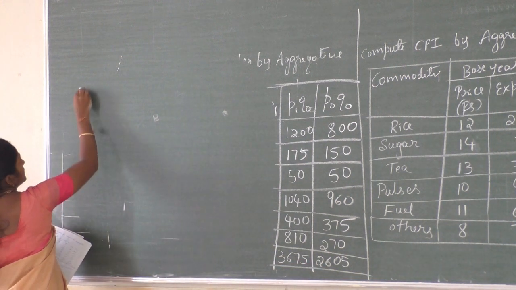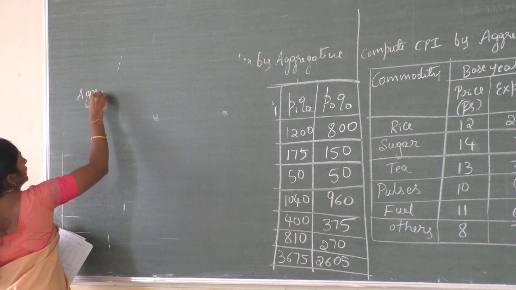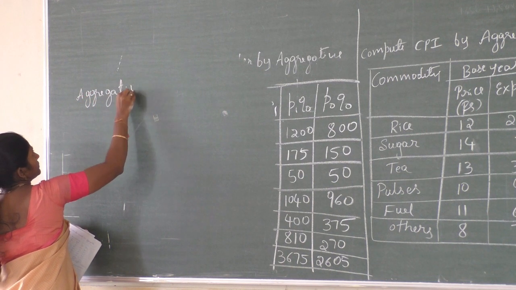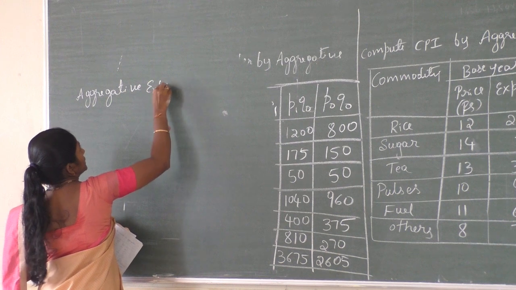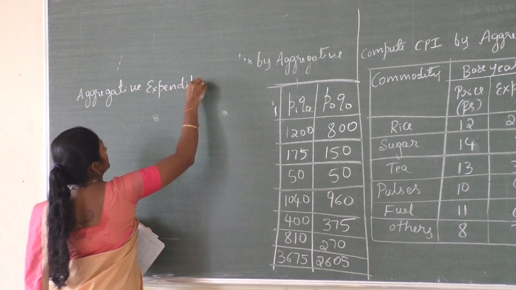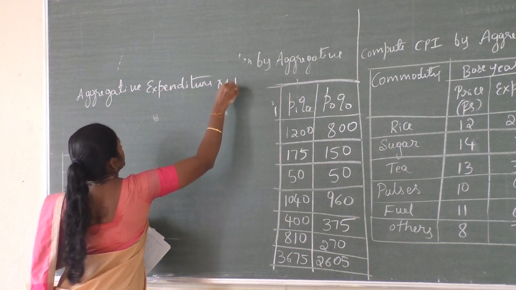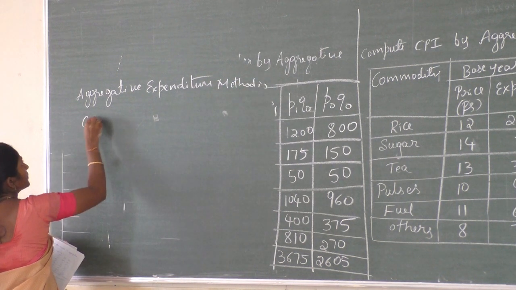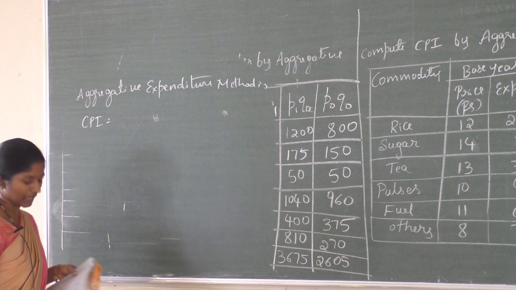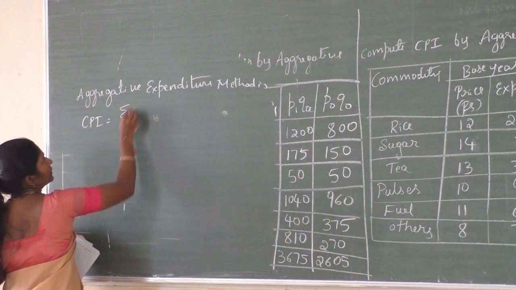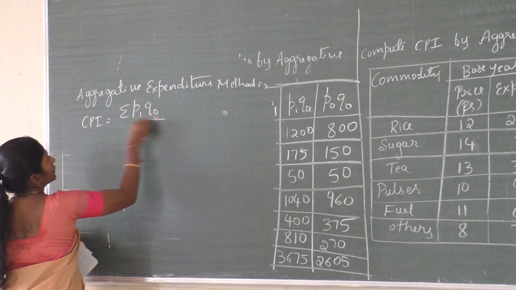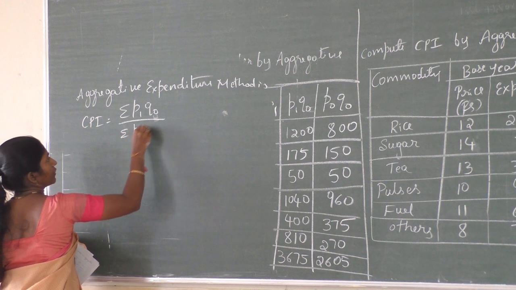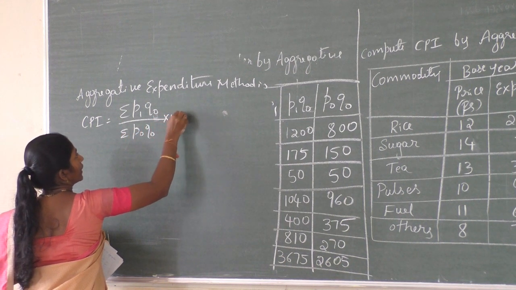The aggregative expenditure method is, CPI, Consumer Price Index Number, equal to the sum of P1 Q0 divided by the sum of P0 Q0, into 100.